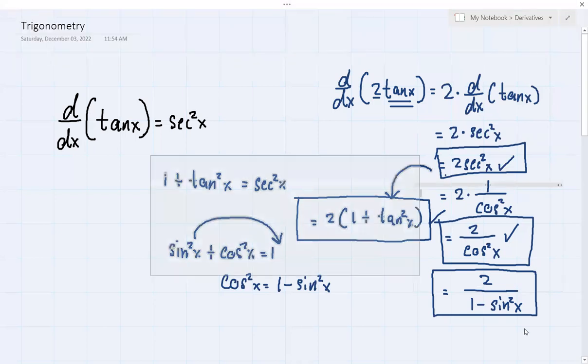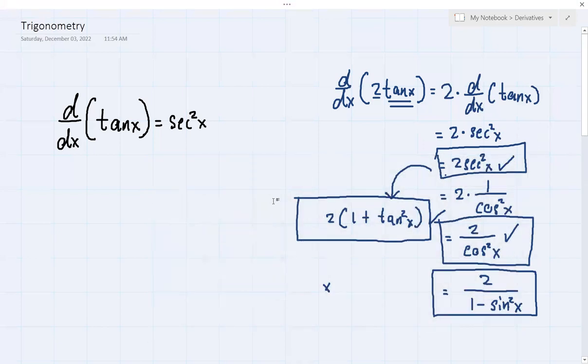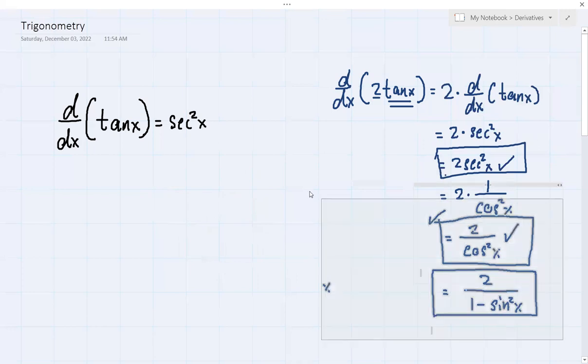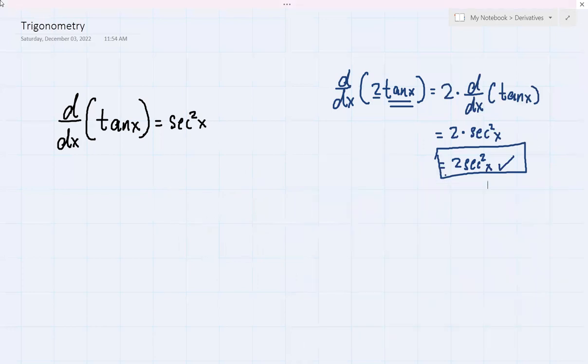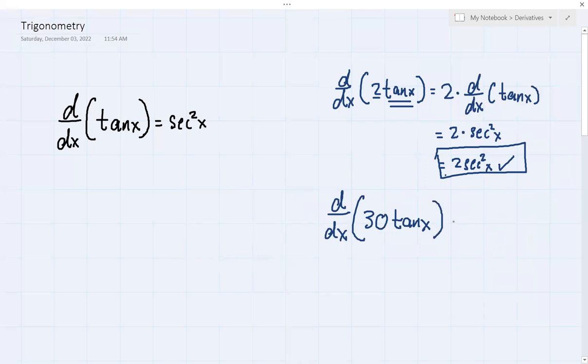Wait lang, burahin ko lang to. Okay? Let me just erase this one. Okay. So, how about this one? The derivative of 30 times tangent x. Yung constant kaysa naman puro 1 digit. So, that's challenging.